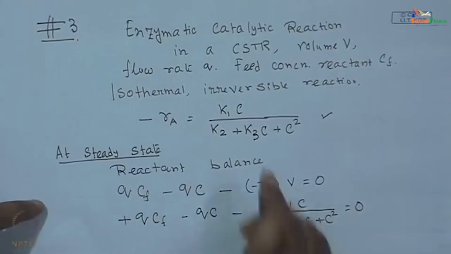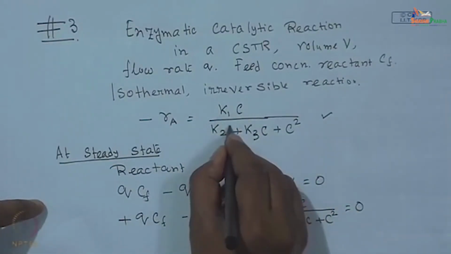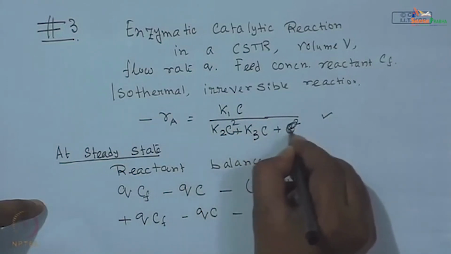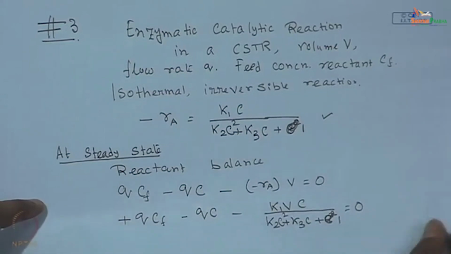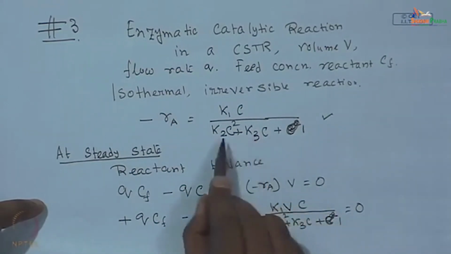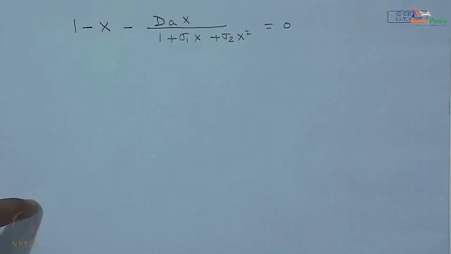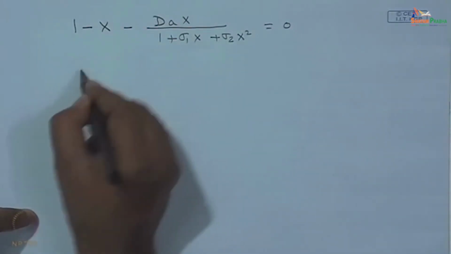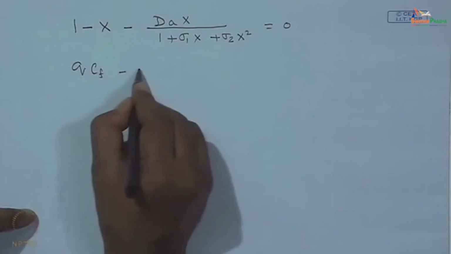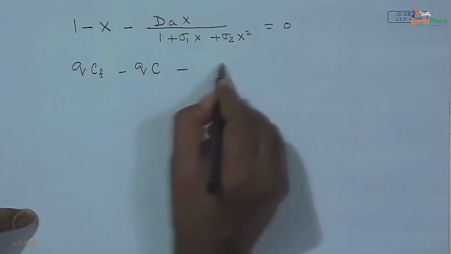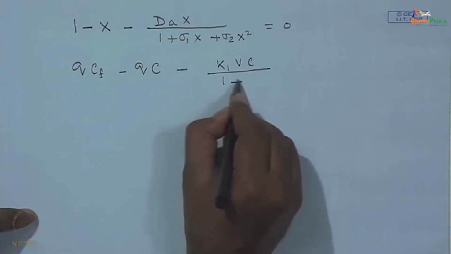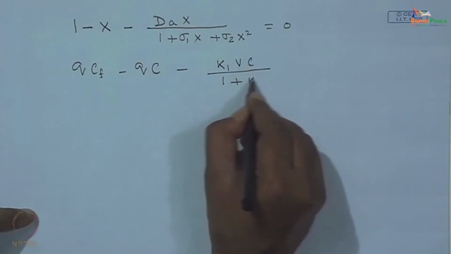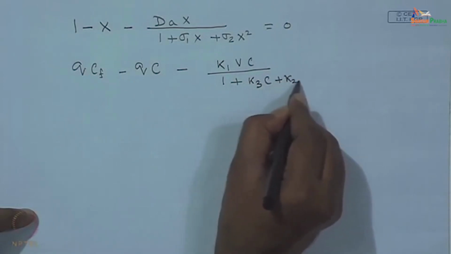We put it as K1 C divided by 1 plus K3 C plus K2 C square. So, if you write down the governing equation, then this becomes QCf, I am just redoing the whole thing for you, minus QC minus K1 V C divided by 1 plus K3 C plus K2 C square is equal to 0.